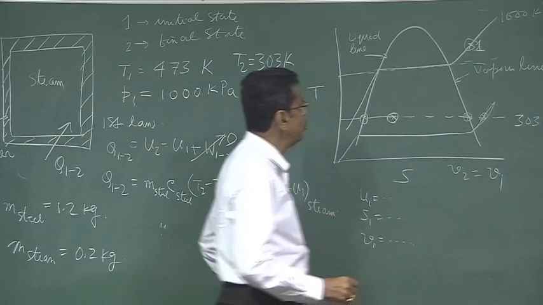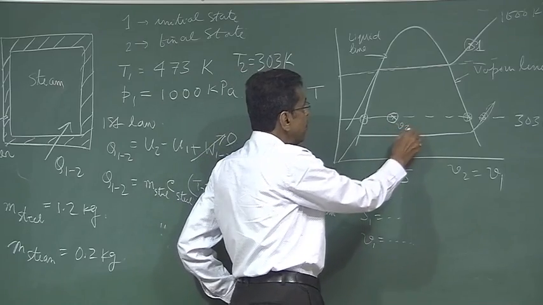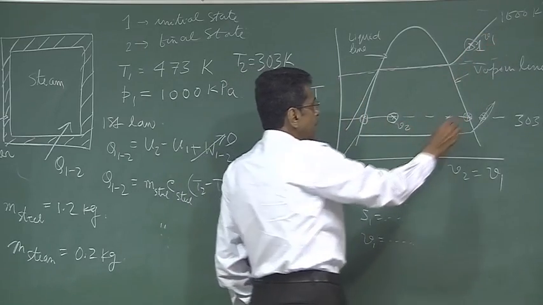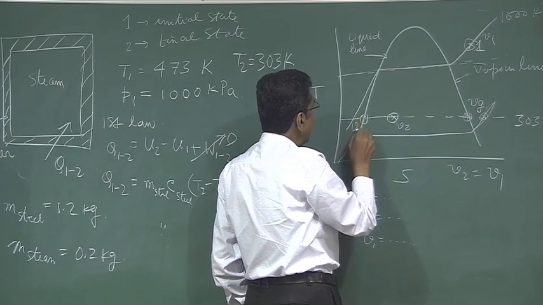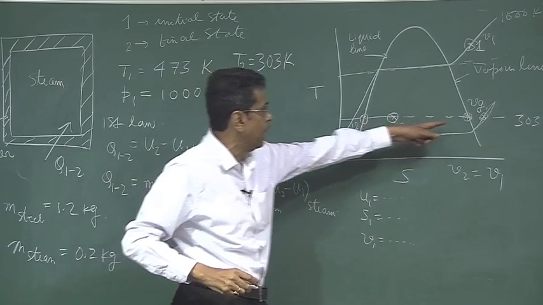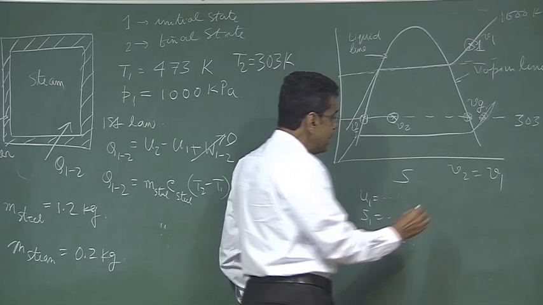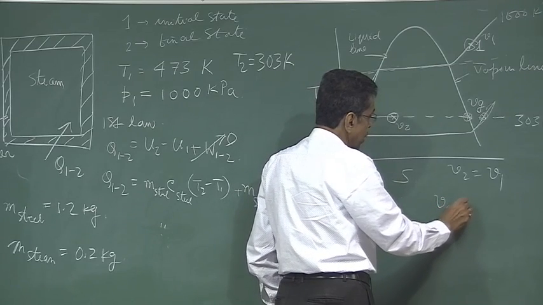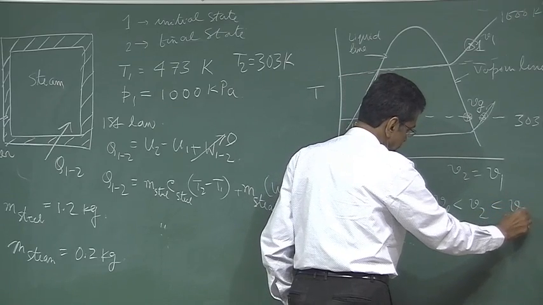That means I know V2. This V2 is same as V1. Now we check this V2 against Vg and Vf, that is the dry saturated liquid and dry saturated vapor in the saturated steam table. And you will see in this problem that Vf is less than V2 is less than Vg.